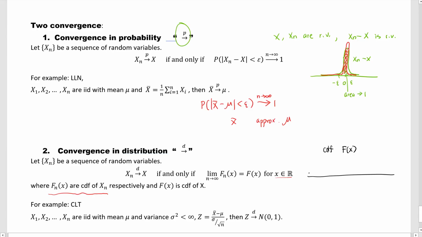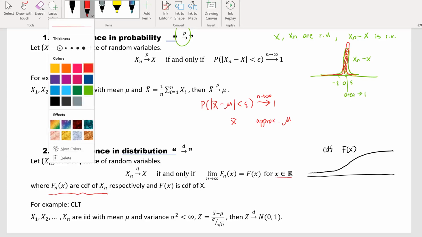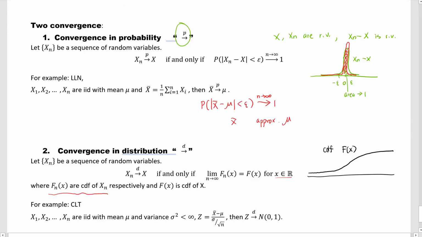It looks like that; it goes to 0 on the left, and goes to 1 on the right. What does it mean to say the CDFs of a sequence converge to that pointwise? The picture could be like that. You can see, for each x value, as the sequence index increases, the CDF of the sequence is getting closer to the CDF values of X.